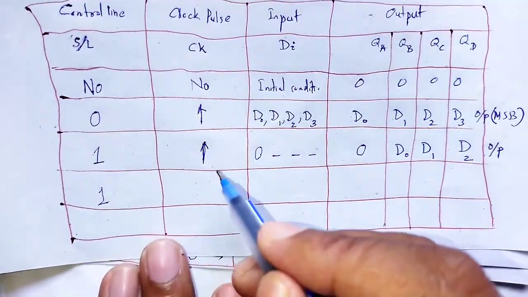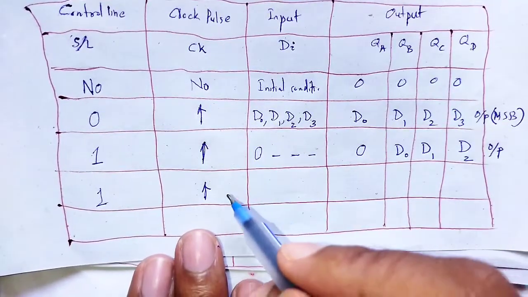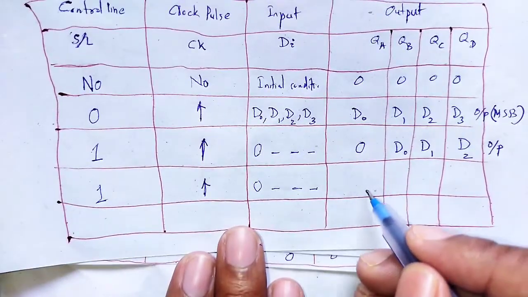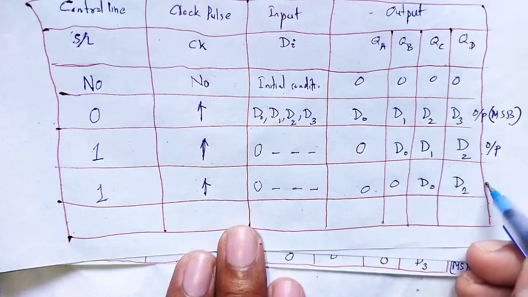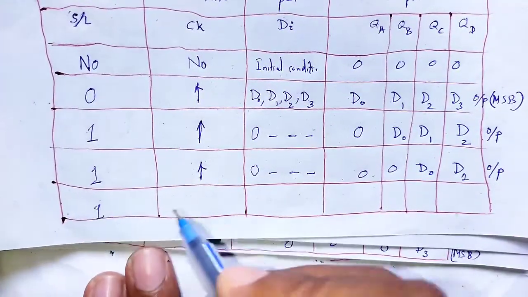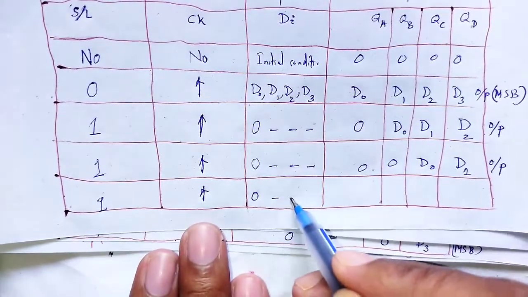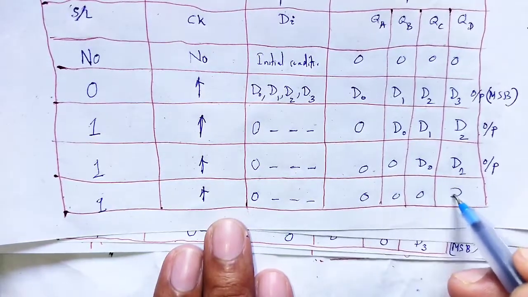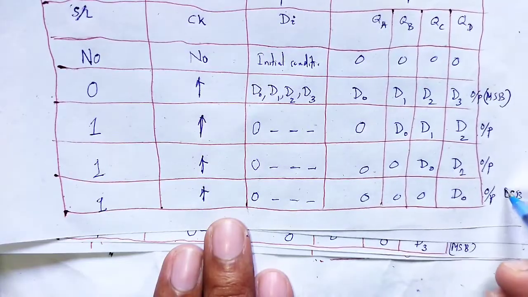Similarly, at 1, shifting takes place, taking the clock pulse, shifting towards 0, 0, D0, D1, and output. Next, control line 1, clock pulse is applied, 0 shifted to 0, 0, 0, D0, and output, which is the least significant bit.